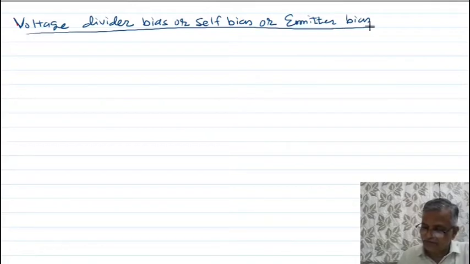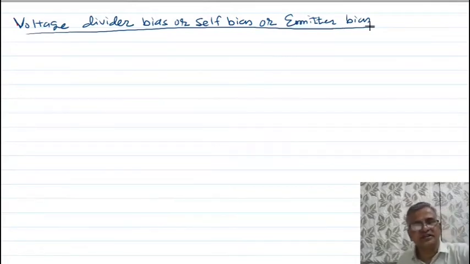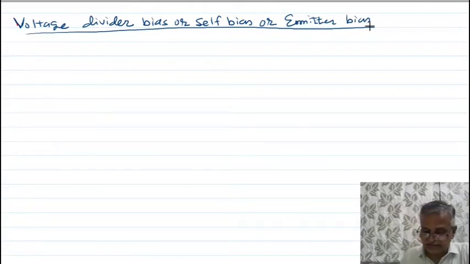In this book they have written it is emitter bias, but actually they have to write emitter bias with the voltage divider bias circuit. So I am discussing the last circuit for the thermal stability topic.